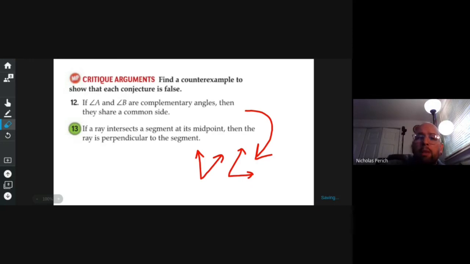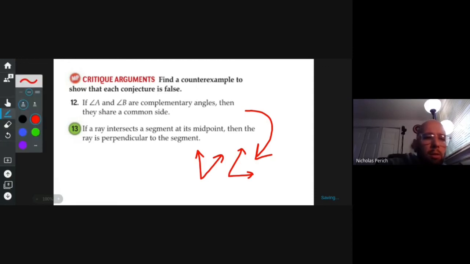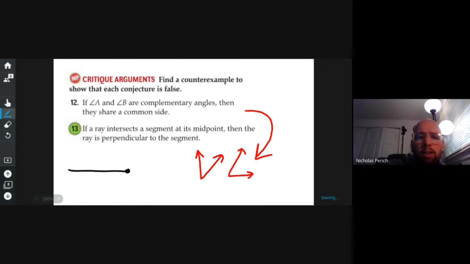If a ray intersects a segment at its midpoint, then the ray is perpendicular to the segment. So here is a segment. I'm going to have a line, or a ray rather, that goes through the middle.